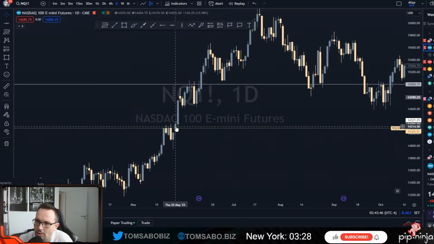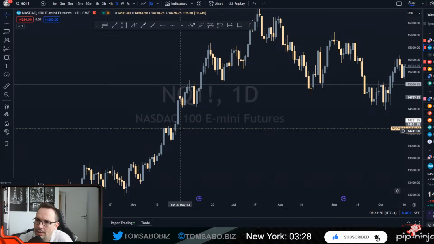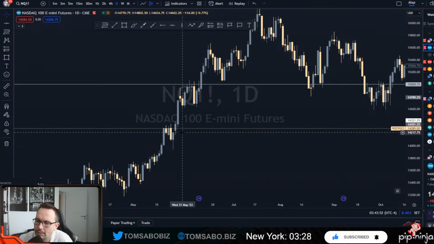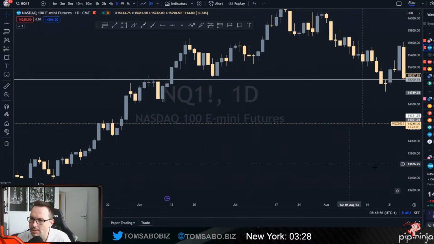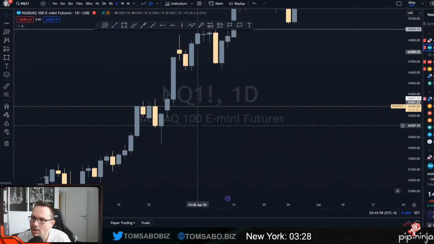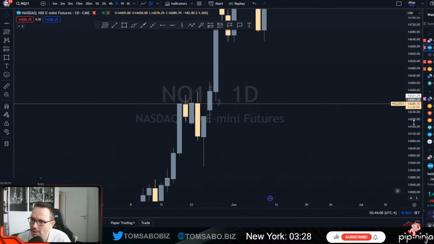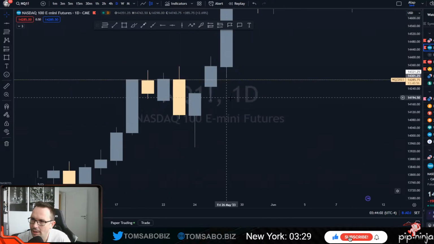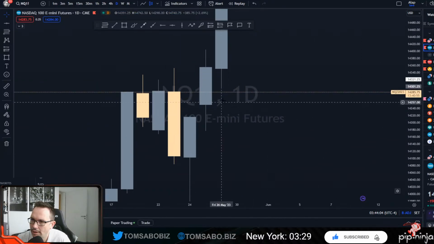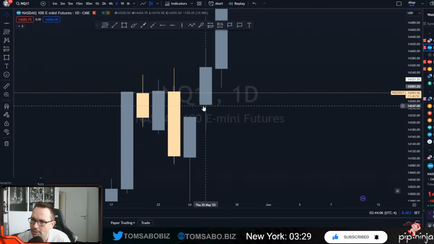I don't know what it's called. Imbalance. I don't know. No, it's not imbalance, but it's not liquidity void. I forgot how to call this. But as you can see, I don't know how ICT calls this, but this gap right here is super important to me. So I'm going to put a marker here.